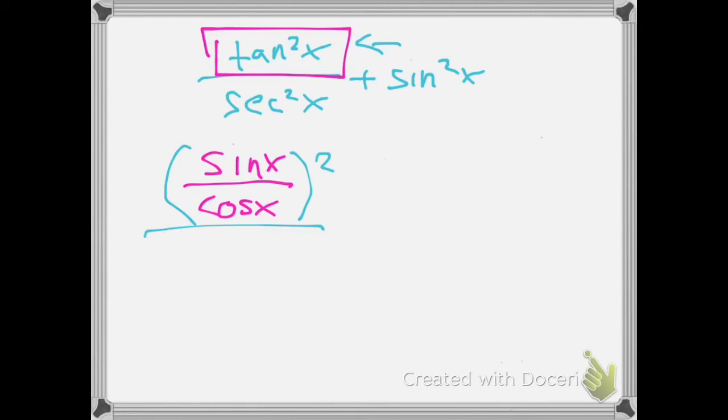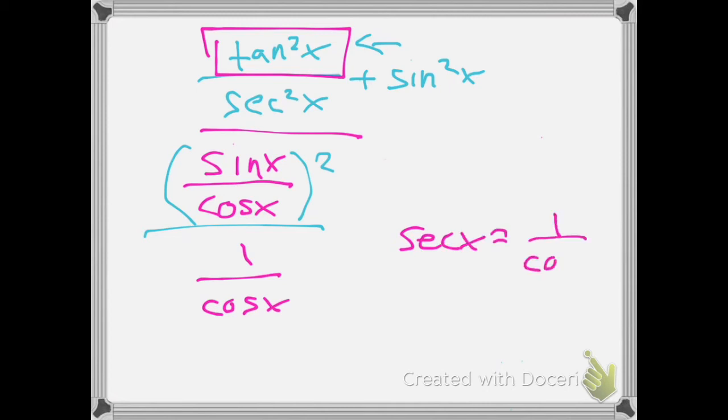Next, we are going to change secant squared x in the denominator to 1 over cos x using the identity secant x equals 1 over cos x. We once again have to square this too because secant squared x was also a double angle identity.